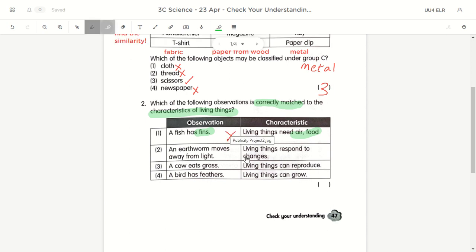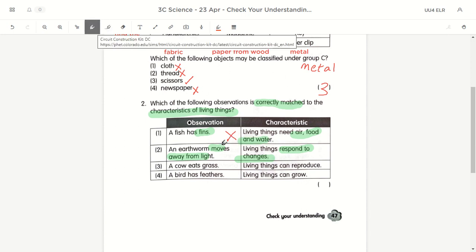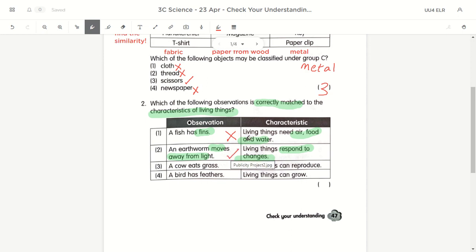Moving away from the light, responding to changes, correct, because earthworms don't like to live in bright places, they want to avoid the light. So when you shine light at them, they'll move away. So this is an example of how living things respond to change. Okay, so the next one, eating grass, can reproduce, no link.